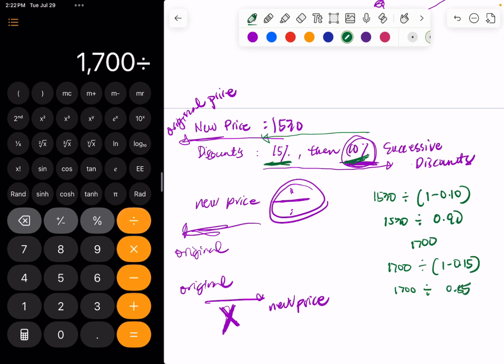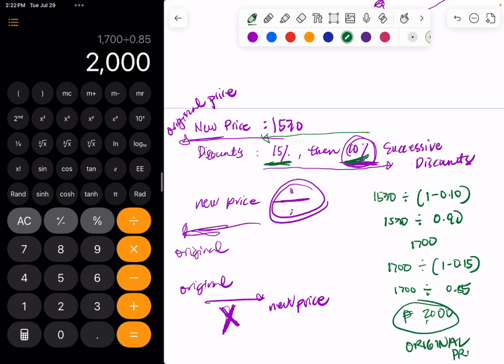So 1,700 divided by 0.85, you got, okay. So ang ato ang original price now is 2,000 pesos. Okay, from 1,530, nabalik na to siya og 2,000.